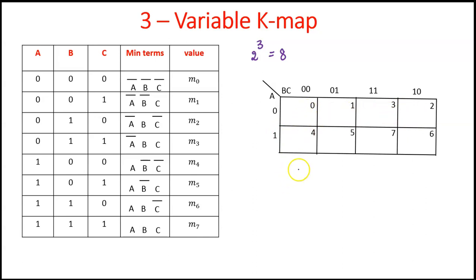If you see this cell, it is 0 0 0. From M0 to M1, it is changing to 0 0 1, so only one bit is changing, and the remaining bits are unchanged.